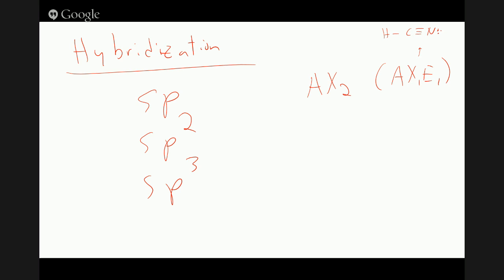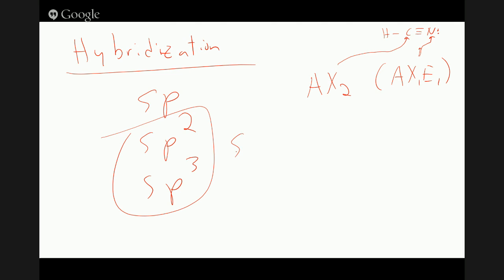Oh, sorry, I hit that start key again. Okay, thanks, Rid, for letting me know. This nitrogen is AX1E1. It has a lone pair and it has a triple bond to the carbon. This carbon is AX2. I'll talk about these again later.